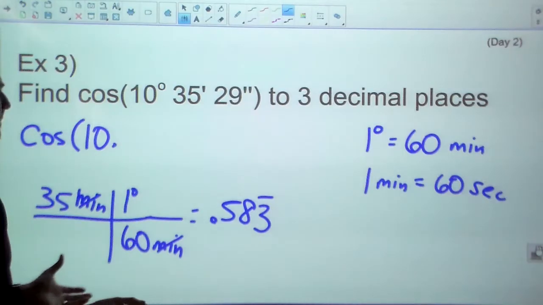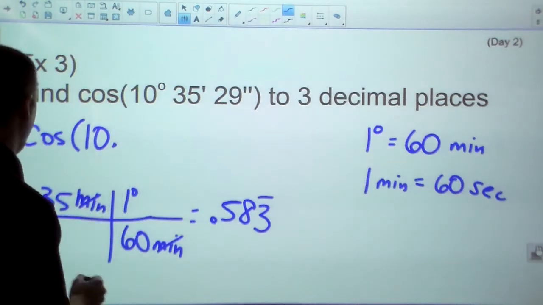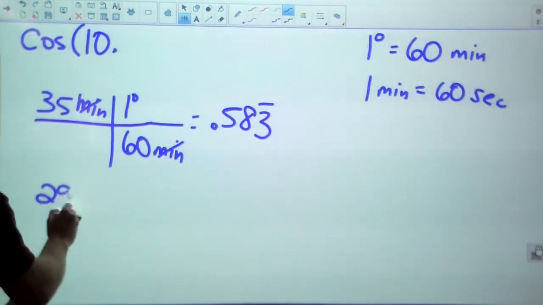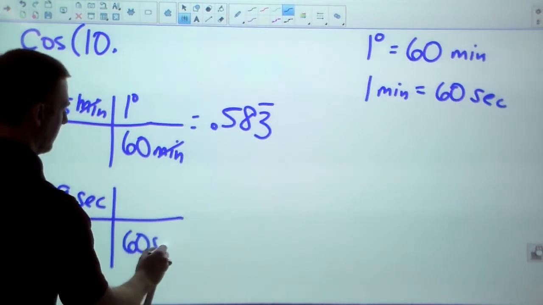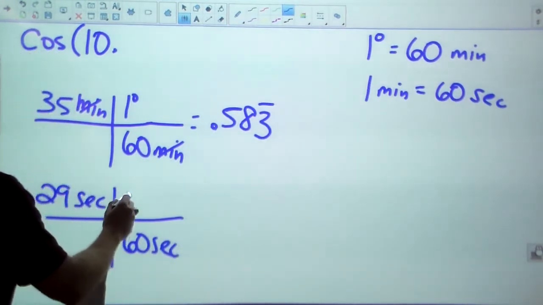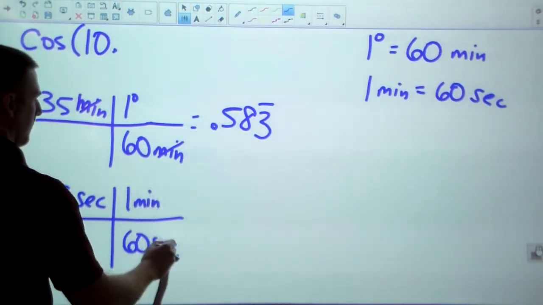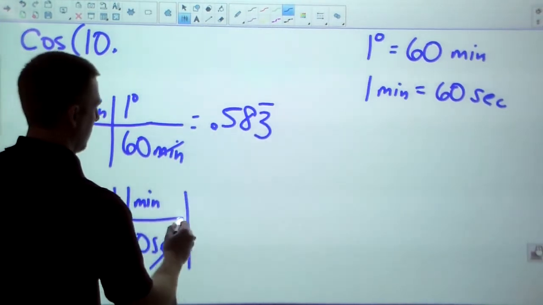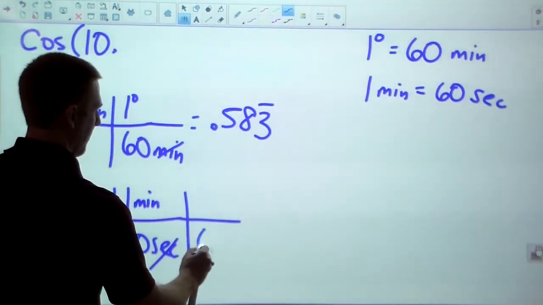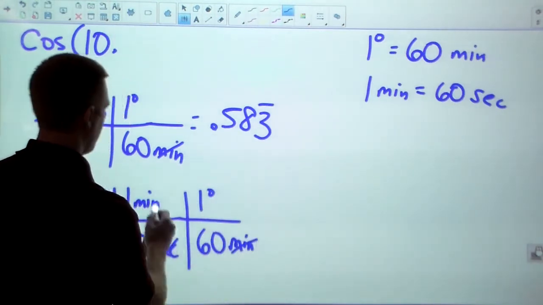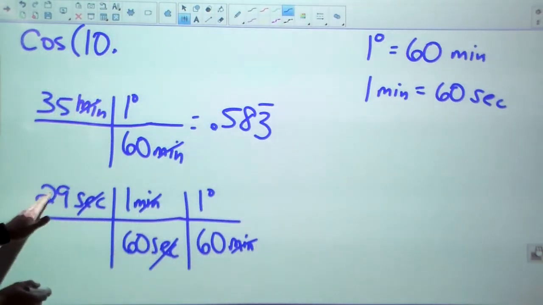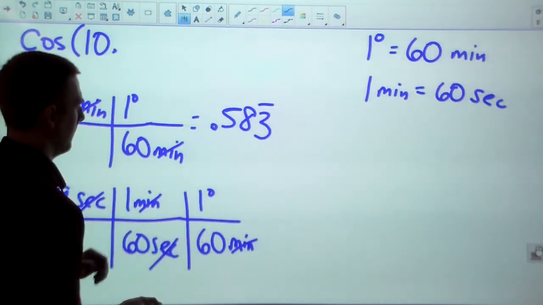But the other catch here is I've also got 29 seconds I've got to add to that. And 29 seconds, well, first there's 60 seconds per minute. I want to get this to degrees. I think this is the easiest way to get there. And each minute, if I'm going to degrees, there's 60 minutes for each degree. So it's 29 divided by 60 divided by 60 again.